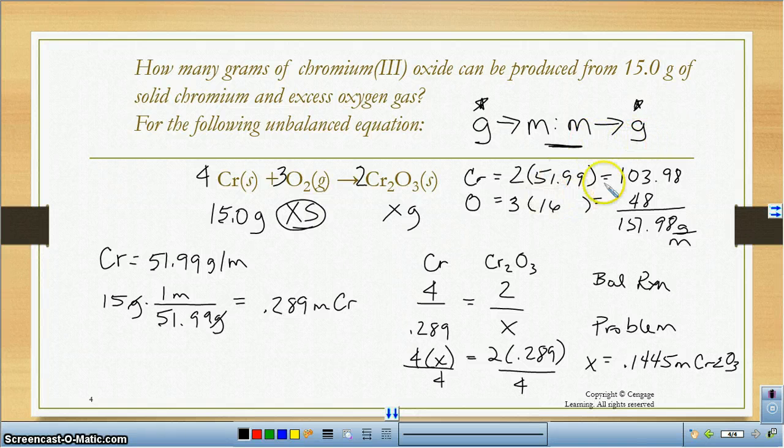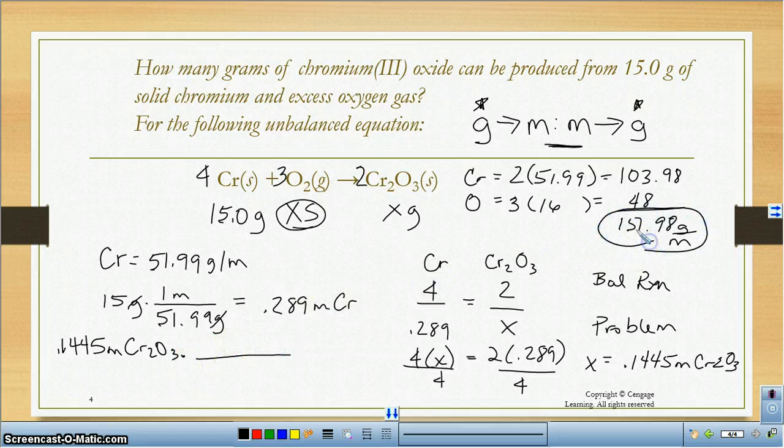I'm running out of room. I'm going to bring this over here. I'm going to say I have 0.1445 moles of Cr2O3. I'm going to change that to grams by using the molar mass.